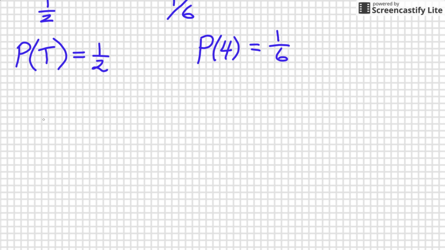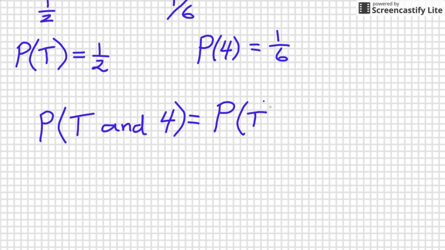All we then do is we say probability of getting a tails and a 4 equals the probability of getting a tails times by the probability of getting a 4.